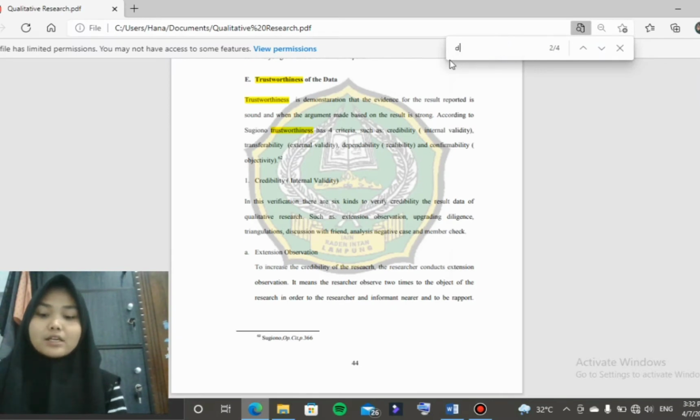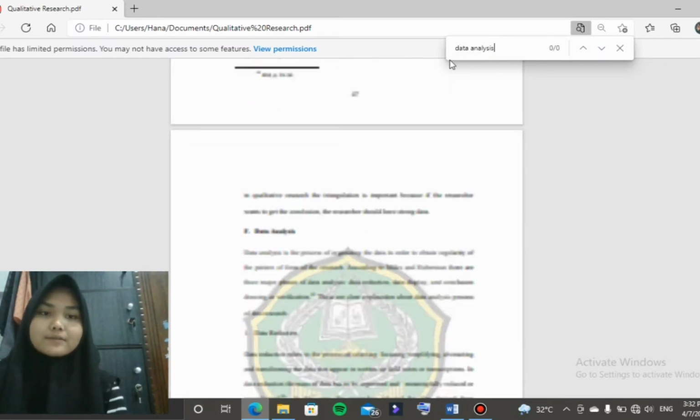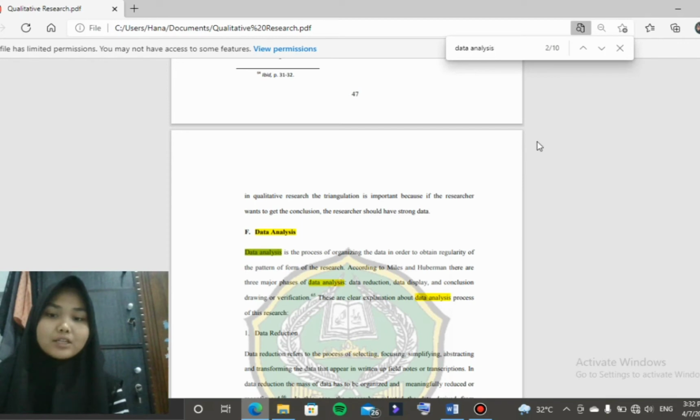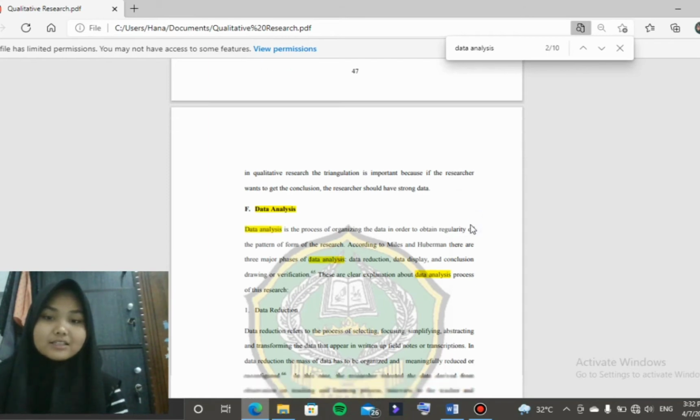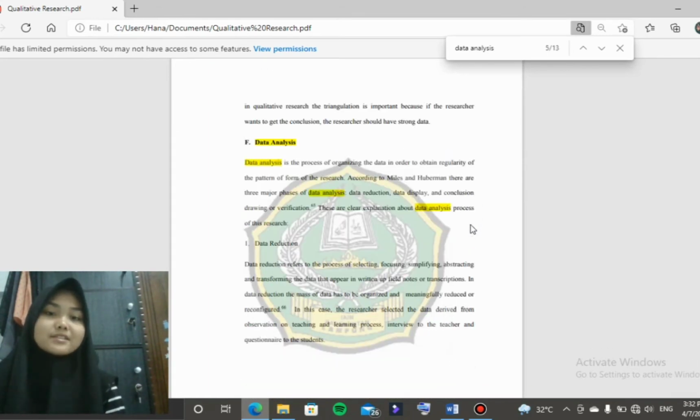Dan contoh dari data analysis di skripsi yang saya temukan di sini adalah kita bisa lihat di sini ada penjelasan data analysis. Data analysis is the process of organizing the data in order to obtain regularity of the pattern of form of the researcher.